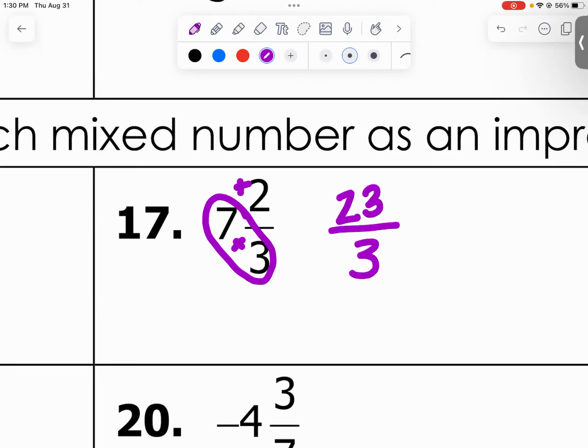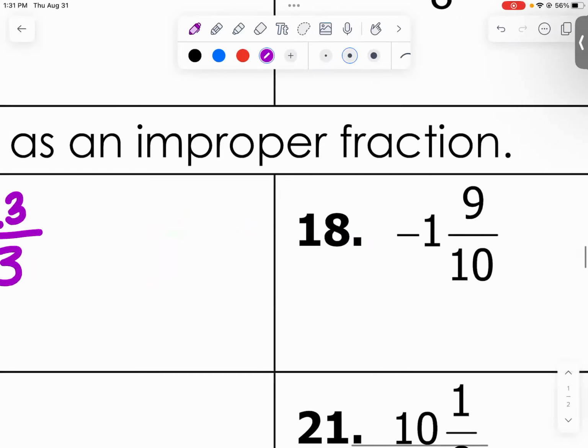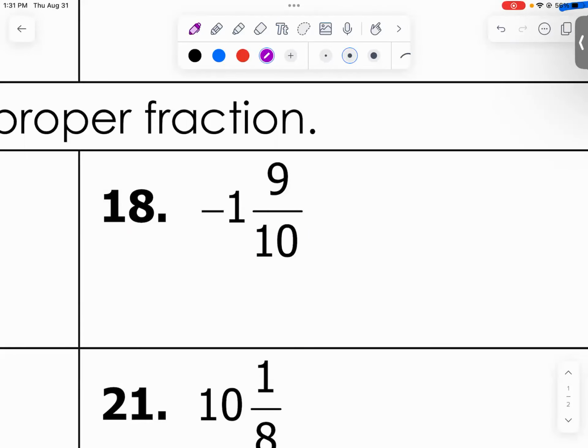To get 23 over 3. Wait, why is it 20? It's 21. 7 times 3 is 21, and then we add the numerator. Yeah? All right, you try number 18.